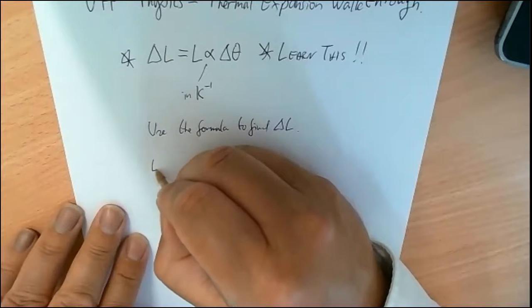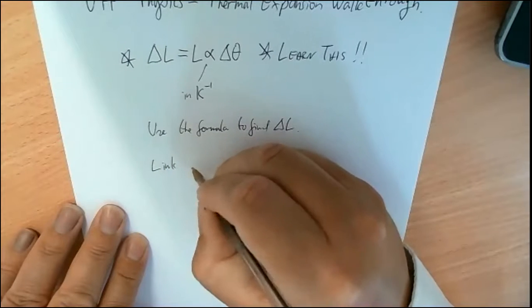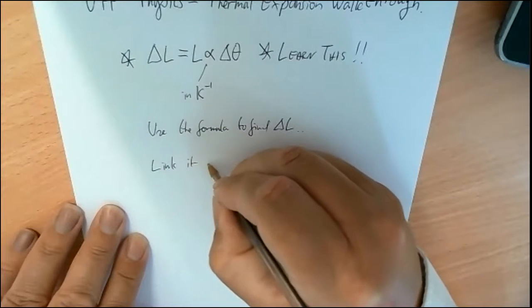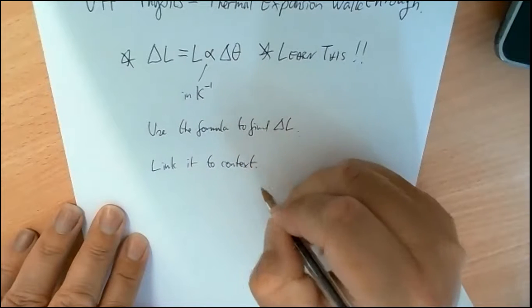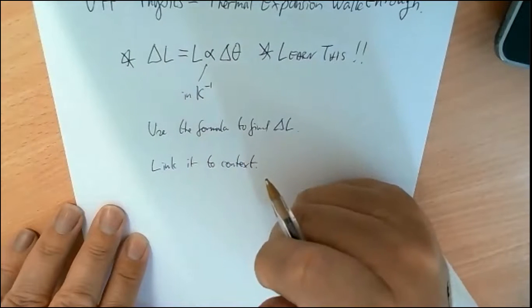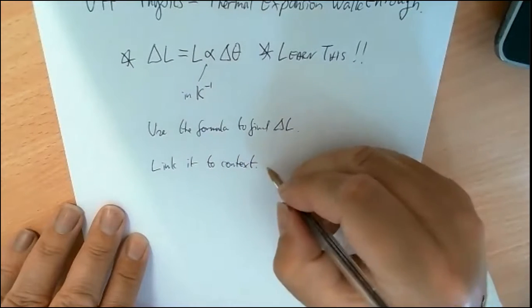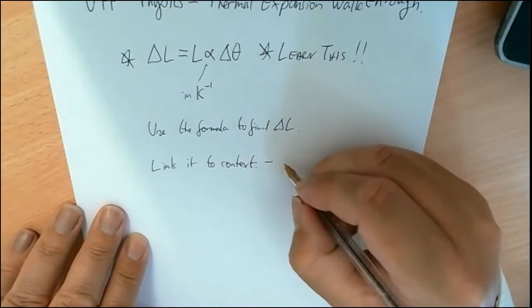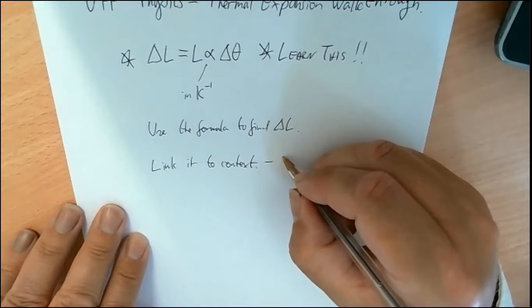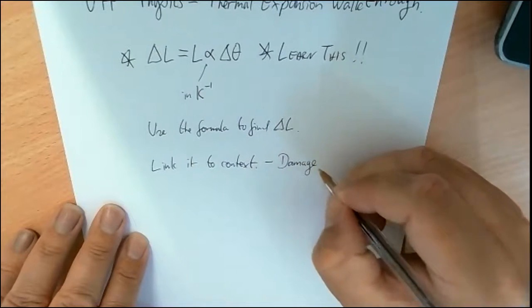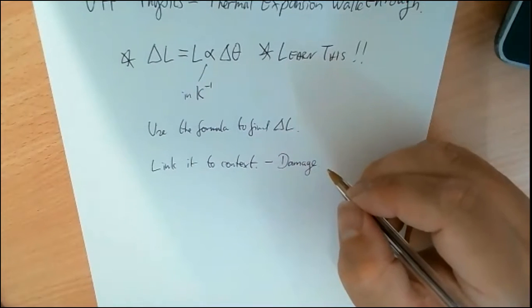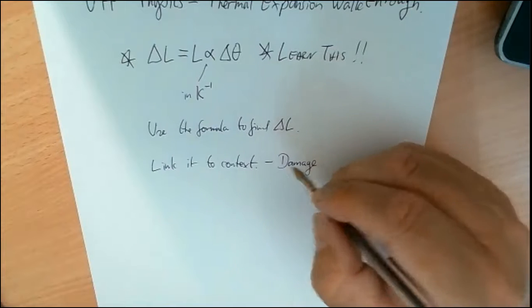Then, in a question, you know that you'll have to link it to context. So you've got to try and work out why that expansion might be a problem usually. Usually the answer is down to the idea that if something expands and it's held in place, it could become damaged. So that's the usual context.